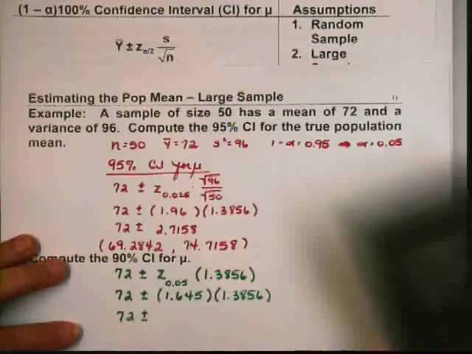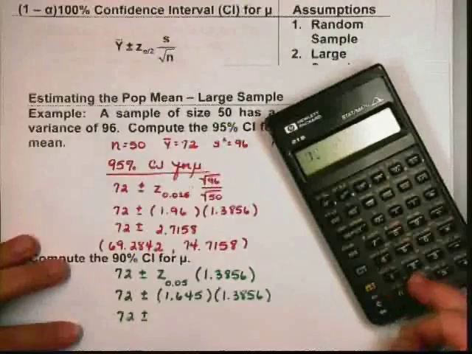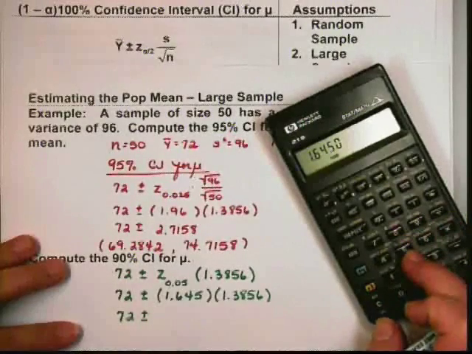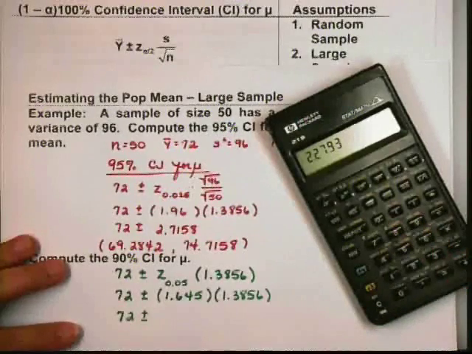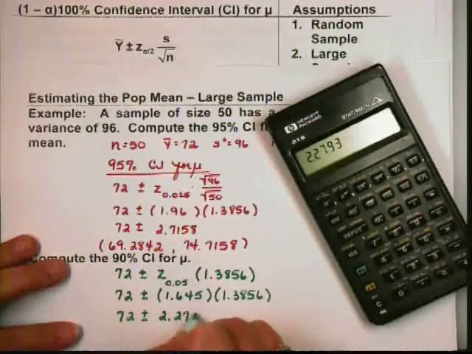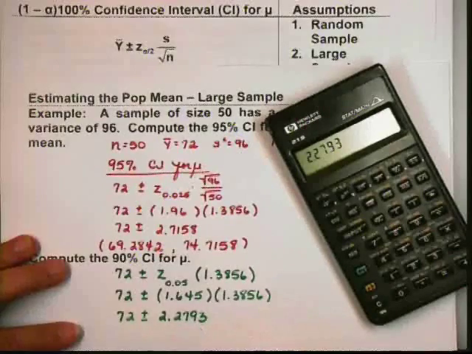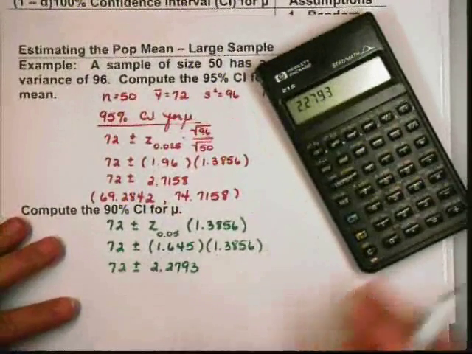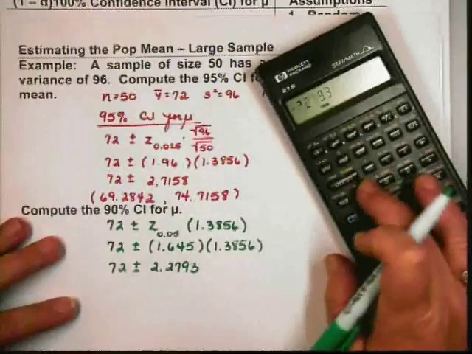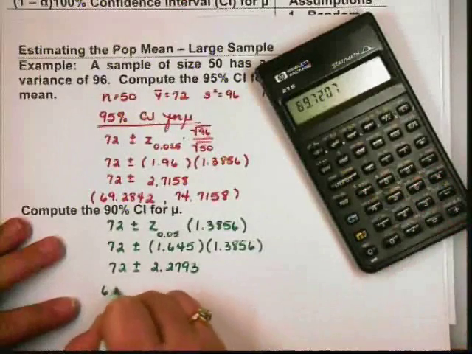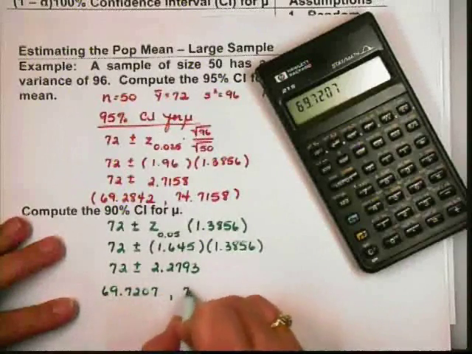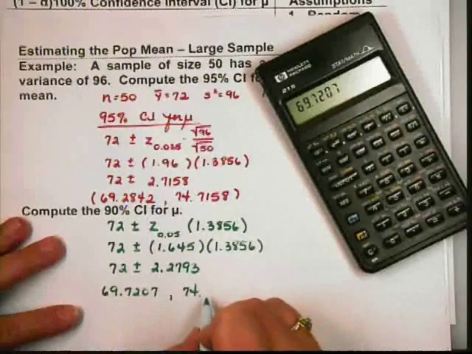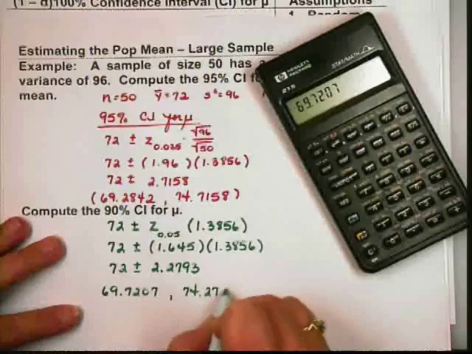That'd be 72 plus or minus 2.2793. That would be 69.7207 on the left up to 74.2793 on the right.